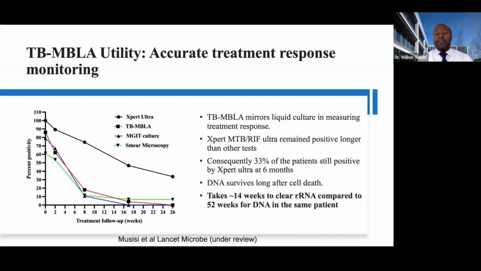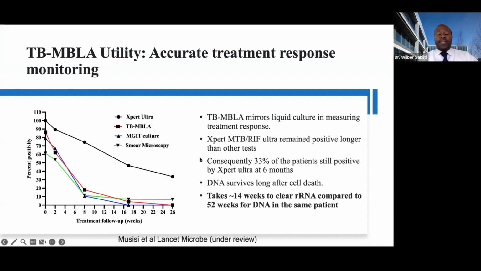We've recently done some work comparing the TB-MBLA and other methods. We compared it with the GeneXpert, which is the black curve here, the green curve is the smear microscopy, and the blue curve is culture.